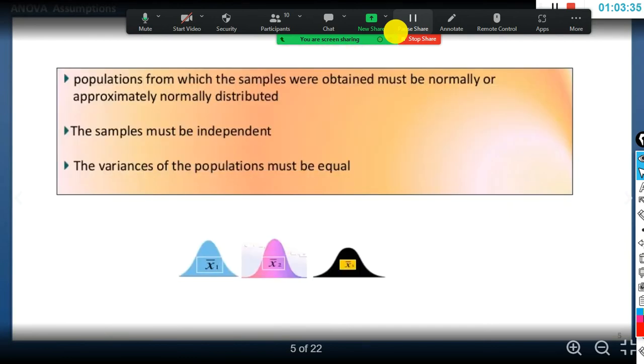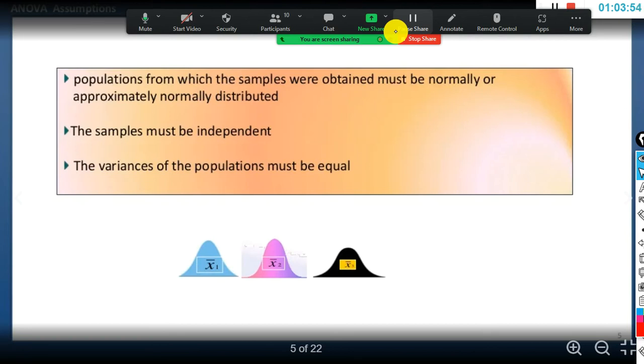What are the assumptions the Anova test makes? The populations from which the samples were obtained must be normally or approximately normally distributed. You are obtaining these samples from three different populations: Walmart, Amazon and Target.